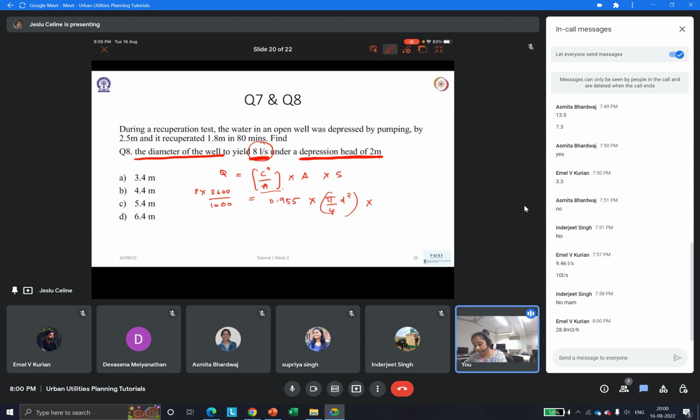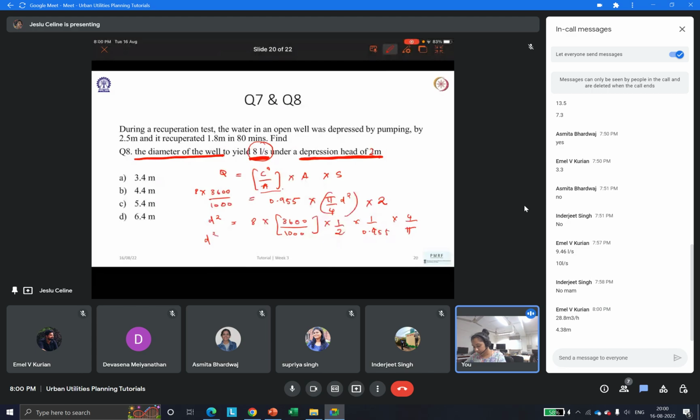Now S is given to be 2, unlike the previous question, so we'll have to plug that in differently. I'm leaving this as such because it comes into the root, so we'll do it at that time. Just simplifying it.